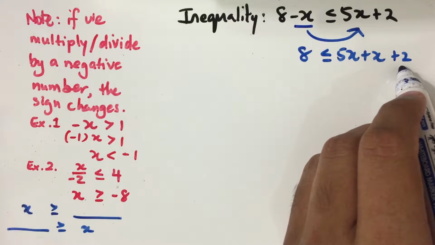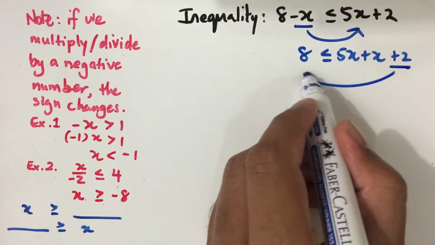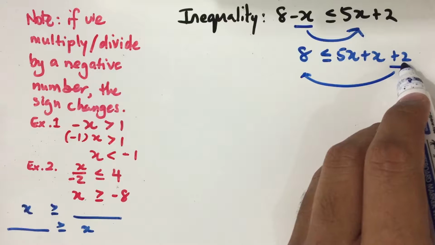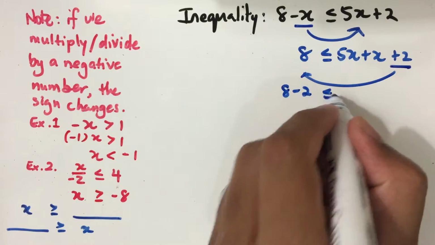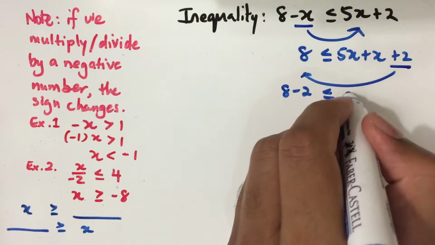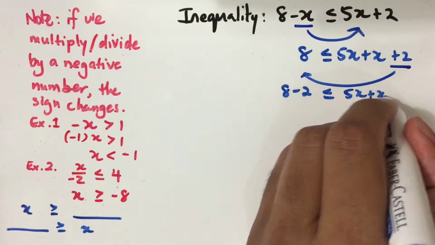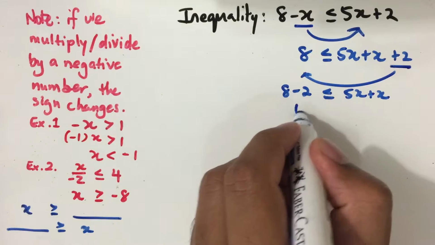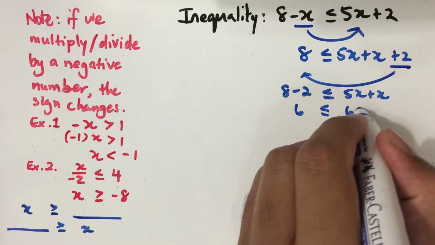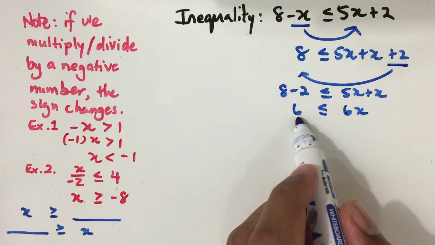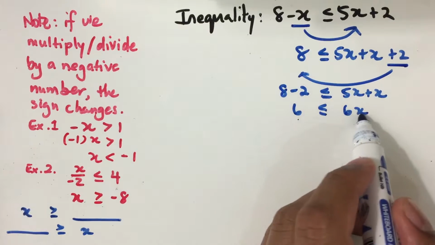And now let's bring the plus 2 over to the other side of the inequality, so it would become minus 2. So we have 8 minus 2 is less than or equal to 5x plus x. 8 minus 2 is 6, and 5x plus x is 6x. So now we have 6 is less than or equal to 6x, or 6 times x.